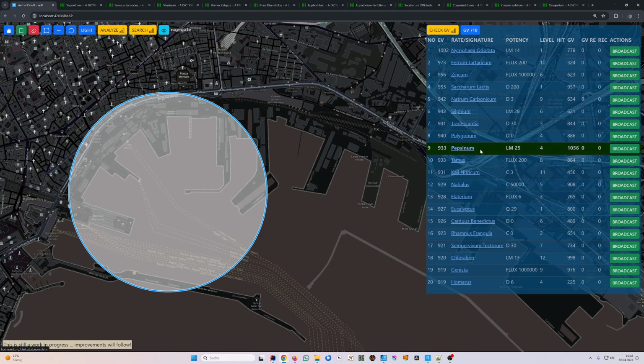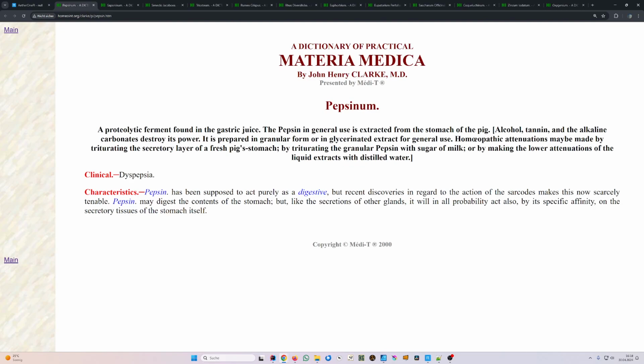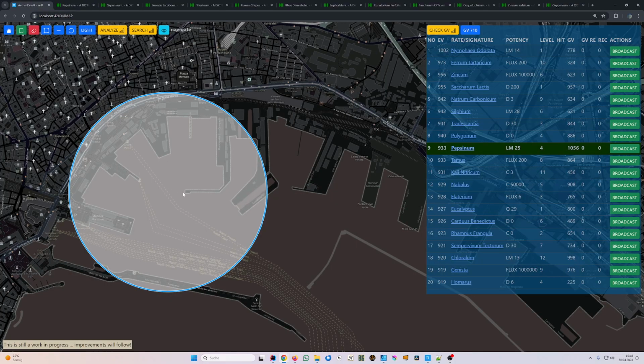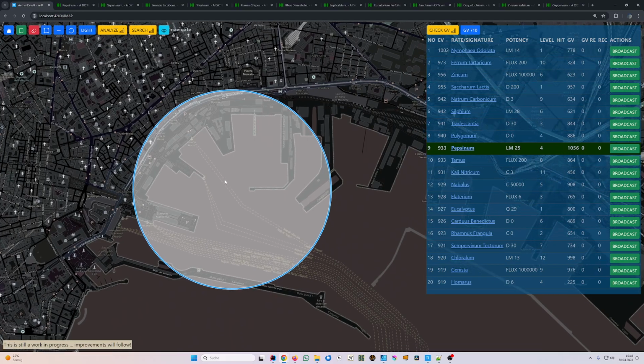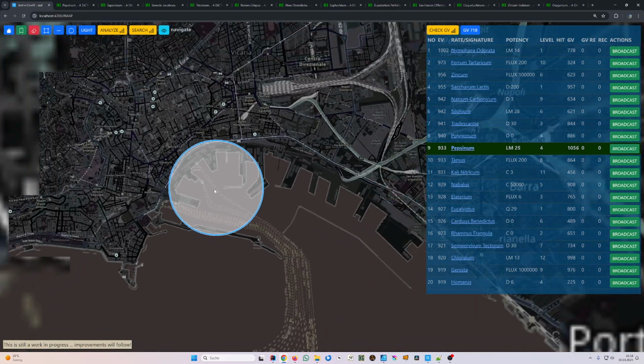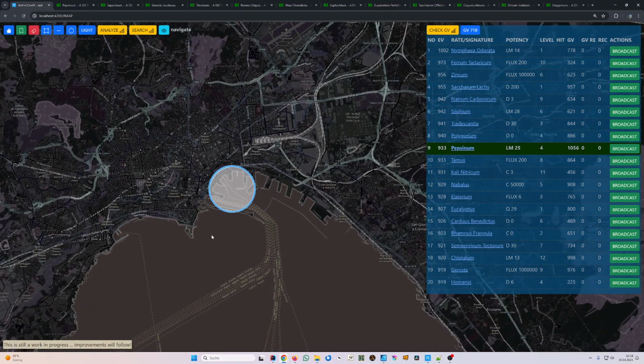Pepsinum is the first hit, and Pepsinum is the ferment found in gastric juice. And okay, this is typical for Italy, or let's say for this region here of Naples, because I explain.